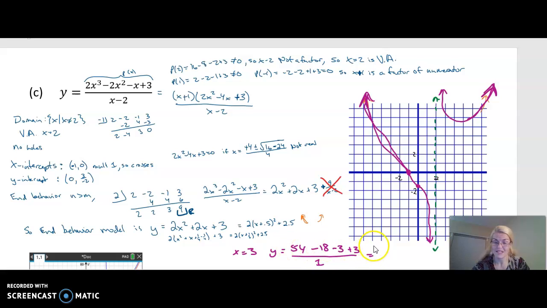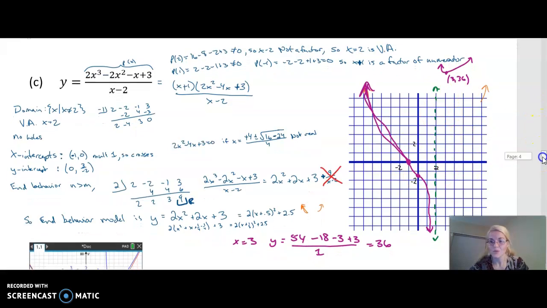So 54 minus 18, that's 36. So did I draw this anywhere close to scale? No, right? In fact, this should be significantly higher than how I drew it. It's going to be up off the grid, way up here at 336.